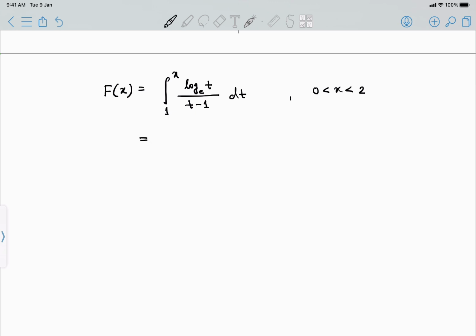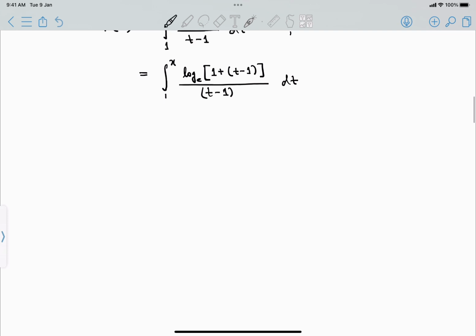So first just write this down. We write log in the form log of 1 plus (t minus 1), because in the numerator t minus 1 is there, so that's why I'm writing it in this form, divided by t minus 1, dt. So what is the expansion for log?